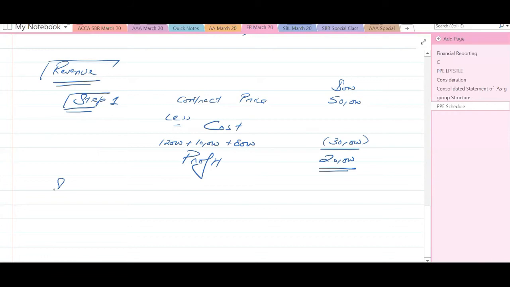Now the step number two, stage of completion. Work certified divided by price into 100.